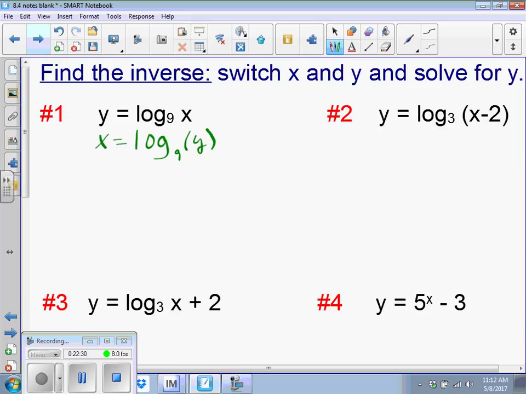So my base is 9. On both sides, I'm going to do 9 to the whatever is right here as the power. So we'll do 9 to the x power equals 9 to the log base 9 of y.